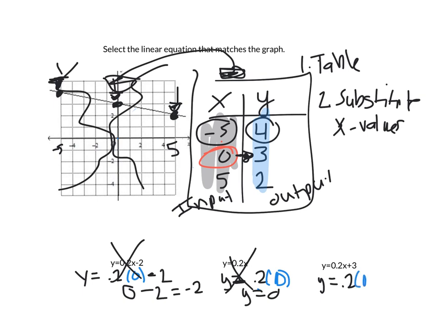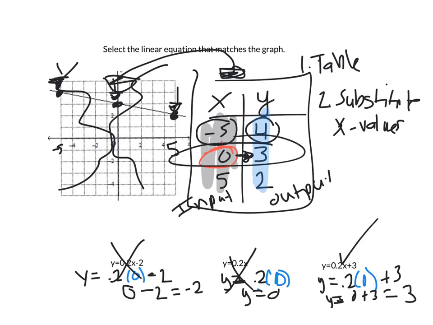Remember, I'm substituting an input to see if it gives me an output, plus 3. So I get y is equal to, well, 0.2 times 0 is 0 plus 3, which is 3. I do have a match, so I have my equation.